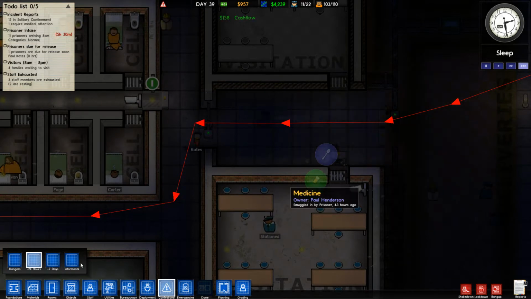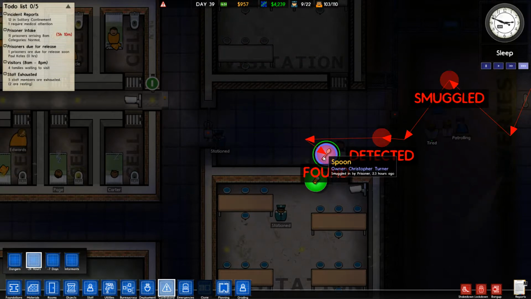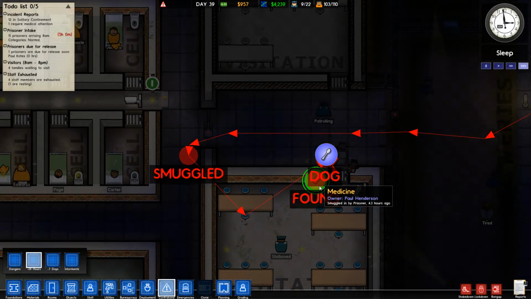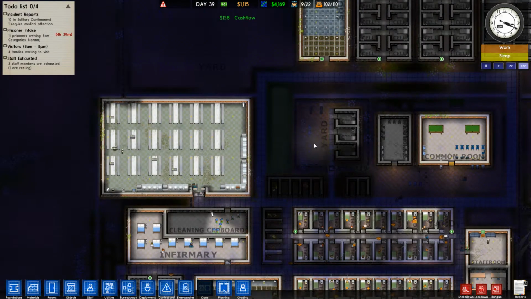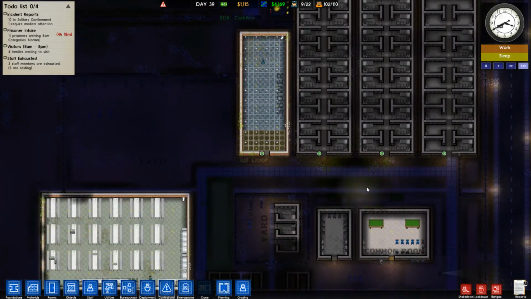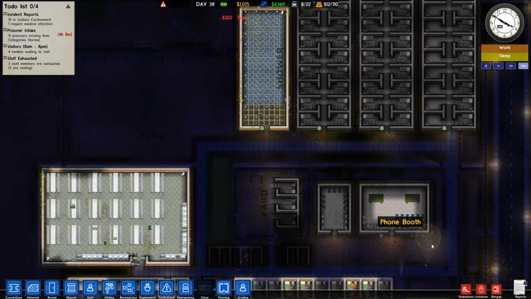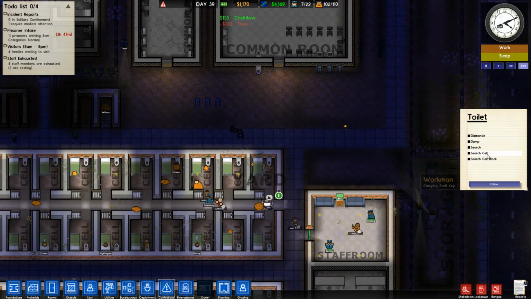So these metal detectors are operational, but the last couple of hours I have not found anything here. So that's all going well. Excellent, excellent. Now, God, another tunnel? Where does that even come from?